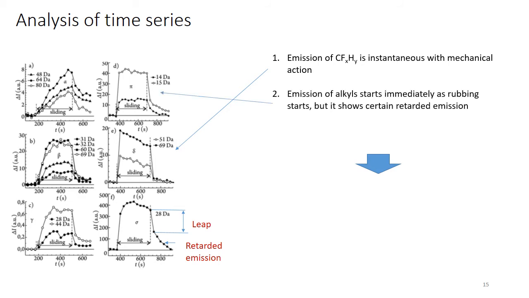In case of alkyl emission, which corresponds to mass spectrometer channels 14 and 15, you can see also very abrupt increase of the signal just at the beginning of sliding, but then the decrease is not so steep. So this indicates that we change the system.